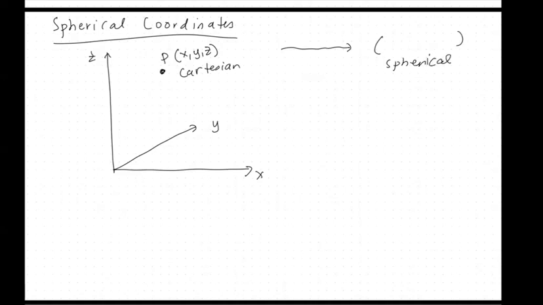Spherical coordinates will be rho, theta, and phi. Your rho is the radial distance. Let me draw that. This is your distance rho from the origin, O here is the origin.